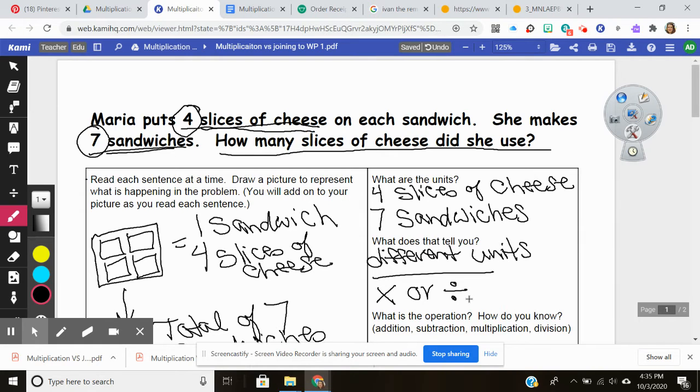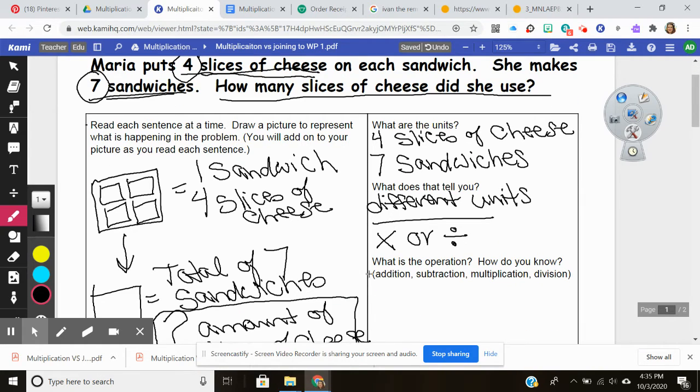Well, let me look. How many slices of cheese did she use? So it's asking me to find the total amount. So because it's asking me to find the total amount of cheese, that means that I'm going to multiply.